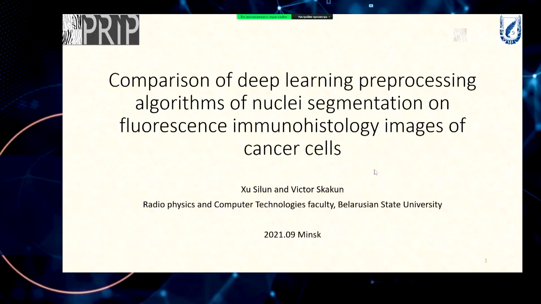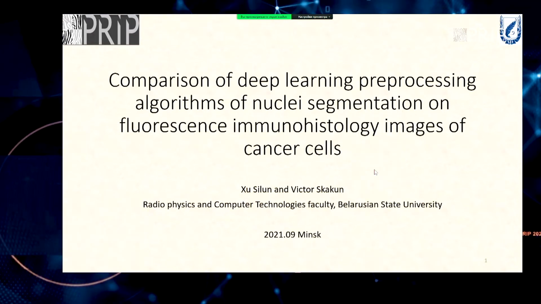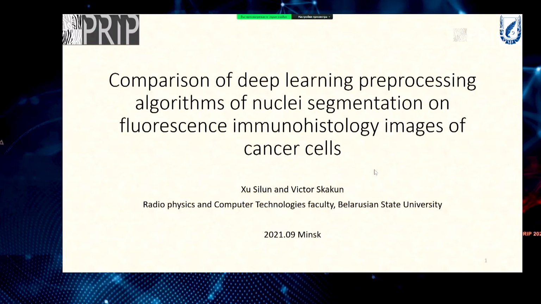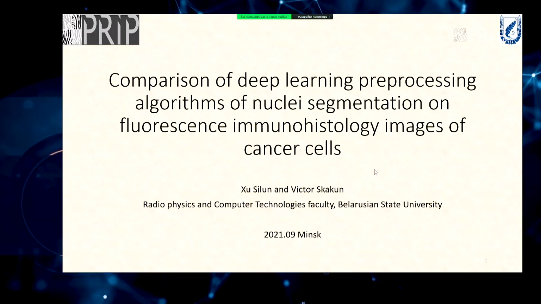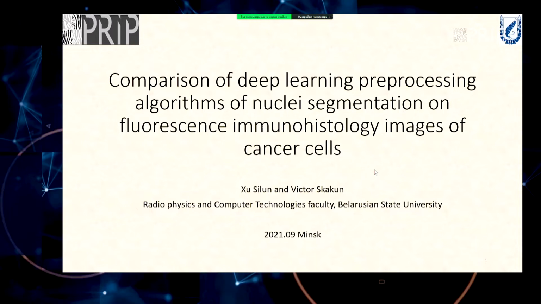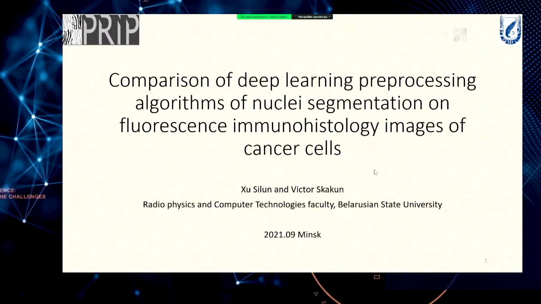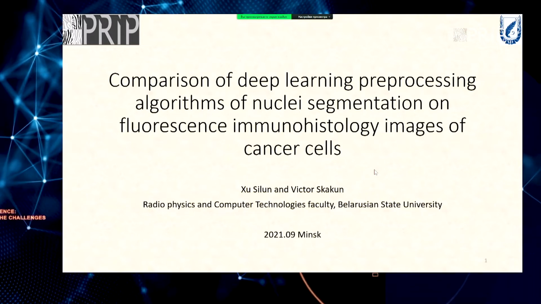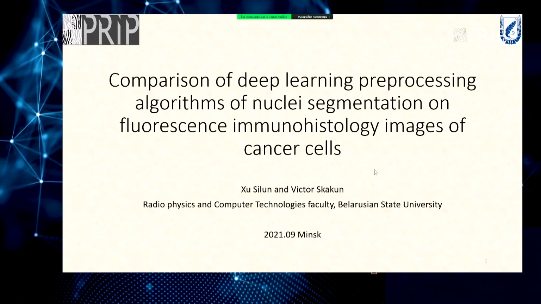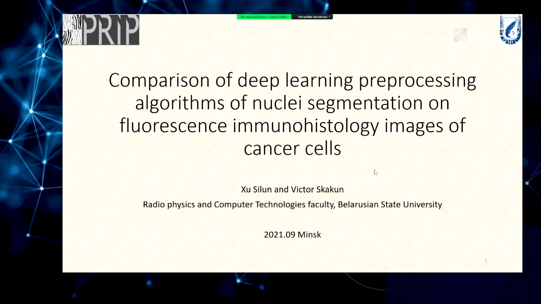Okay. Let's begin. Good afternoon, everyone. I'm glad to join the conference and show you the presentation of our research. Our theme is the comparison of deep learning preprocessing algorithms of nuclei segmentation on fluorescence immunohistology images of cancer cells.